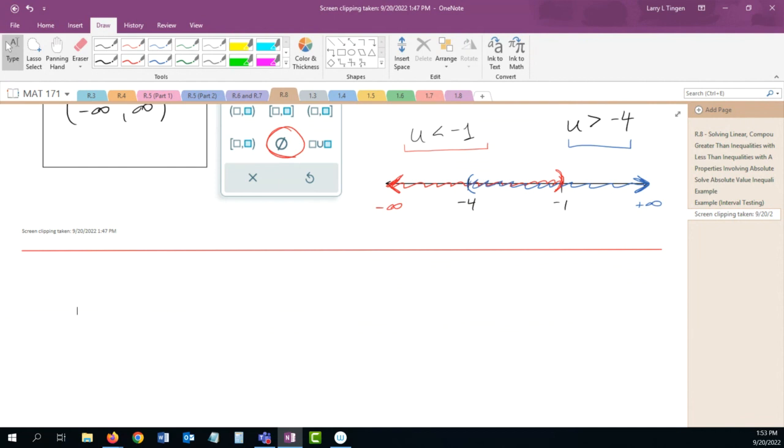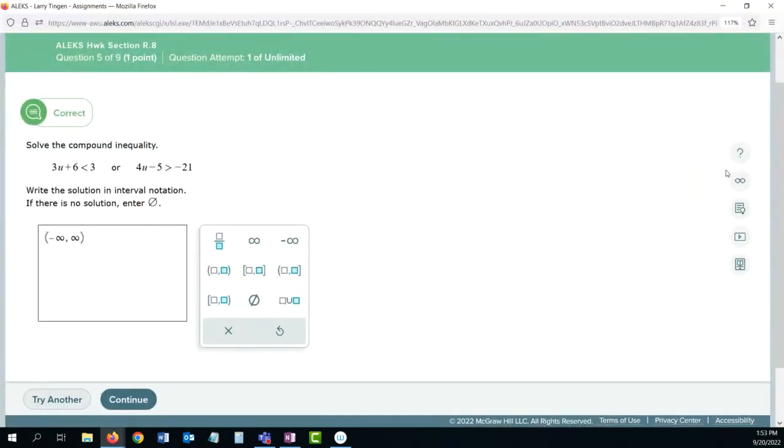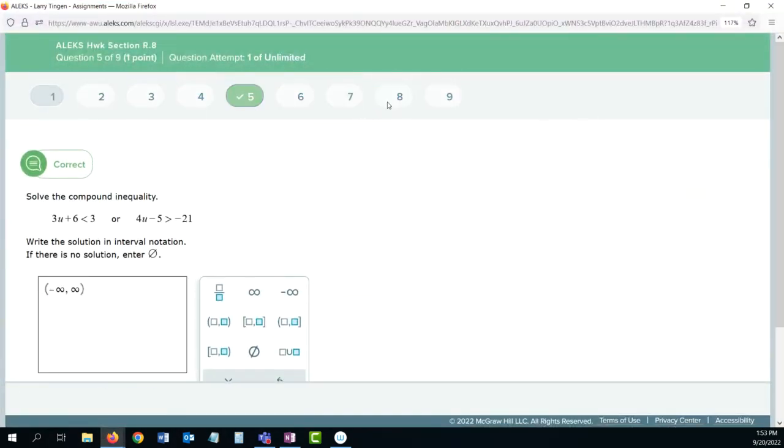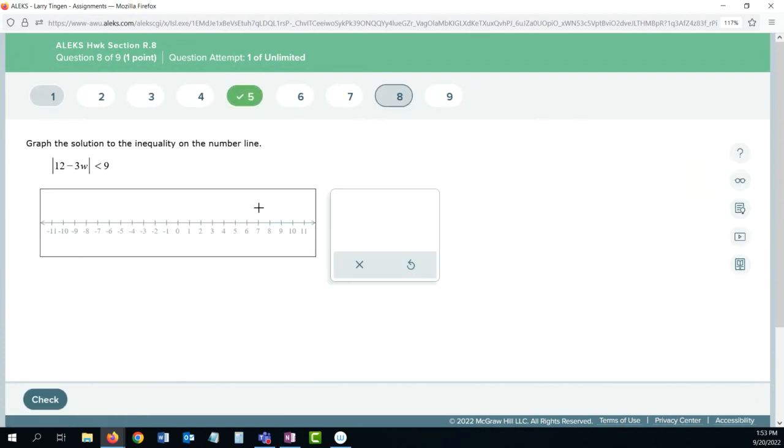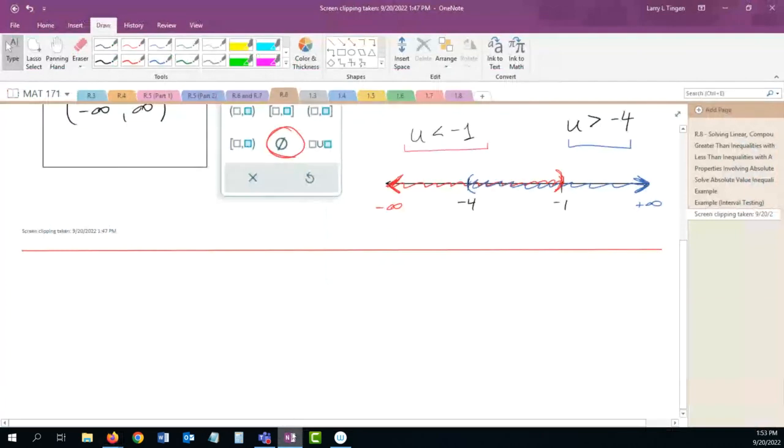Question 8 says, graph the solution on the number line. All right.